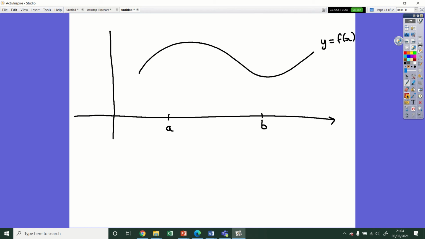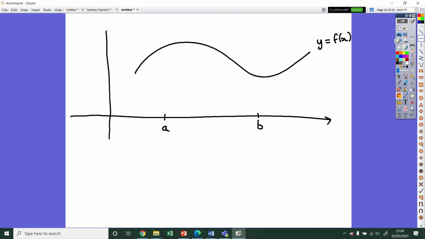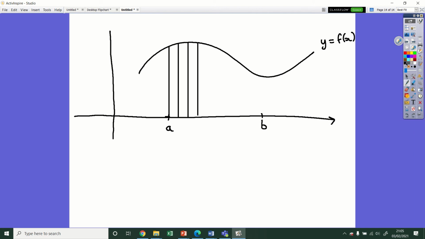I'm going to draw the first few, and then we're going to imagine the ones in the middle. So I've got, try and be accurate here, first trapezia. Maybe make it vertical, that might help. Okay, trapezium number 1. And then next trapezia. And then a few more in the middle.